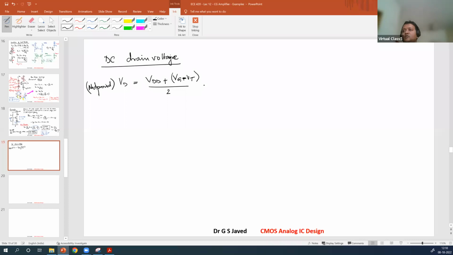Now that value you can write as 15 plus (VG is 8, VT is 1), whole divided by 2. This value is given as 15 plus 7, 22. 22 divided by 2 is 11. So VD will be 11 volt.